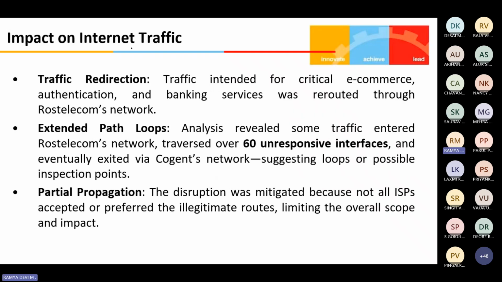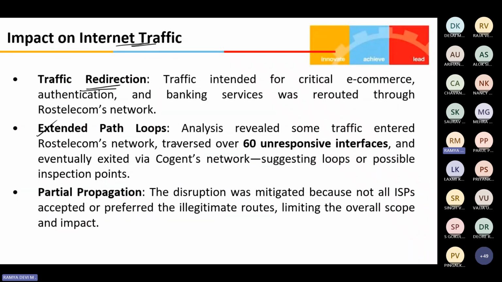So the impact on internet traffic: redirection was the first problem. During that incident, traffic meant for critical services like e-commerce, authentication systems, and global banking platforms was rerouted through Rostelecom's networks. So the risk of traffic interception, delays, and data manipulation all happened.